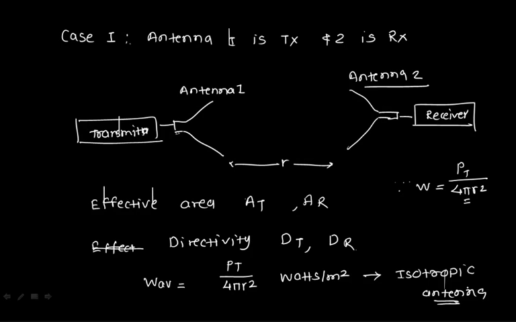Now here I am having antenna 1 as a transmitter antenna. You can see antenna 1 is a transmitting antenna, and antenna 2 is the receiving antenna. So if I'm interested in calculating the power density for antenna 1, I must consider the directivity of that particular antenna. If I'm interested in the actual power density, how am I going to get it?